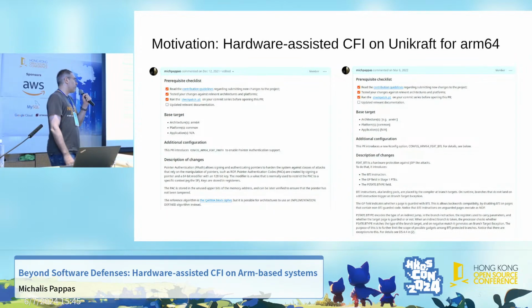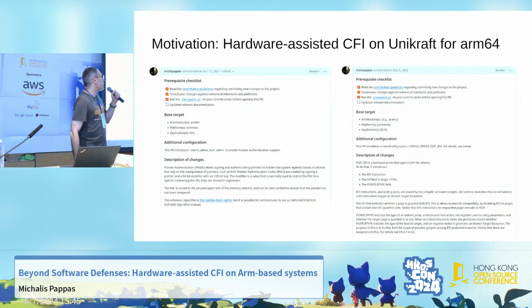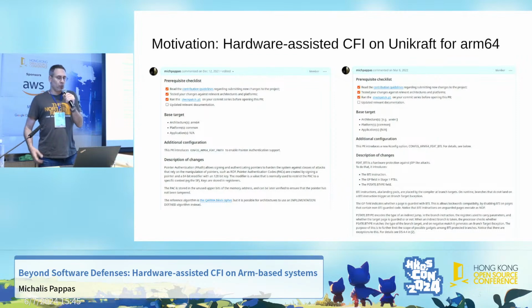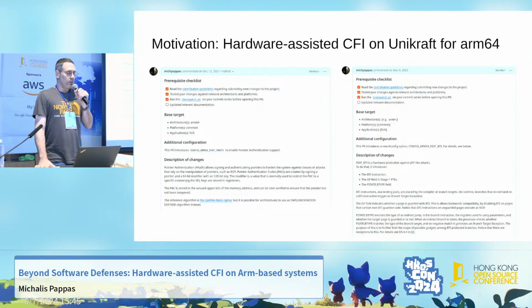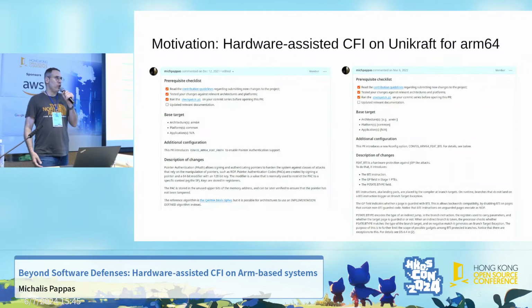So my motivation for this talk is the work that I did to provide hardware-assisted CFI for Unicraft and ARM64. So this is the result of my work and the knowledge that I obtained by going through that.